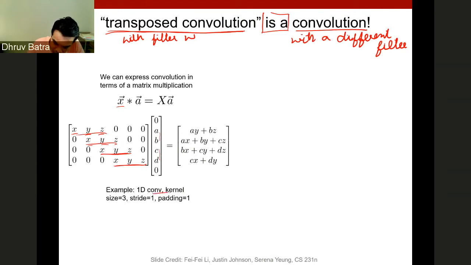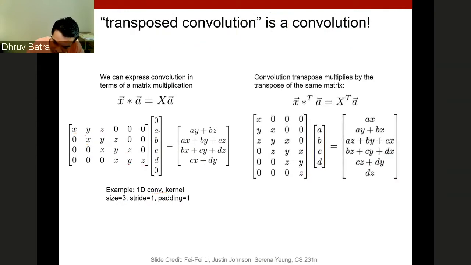So this is a 1D convolution kernel with size 3, stride 1, pad 1. And this is the transpose of this matrix. So all I've done is x, y, z is now in the column. It is sliding down in the columns. And this is the same thing that it's being multiplied by, the same A, B, C, D, and this is the output.